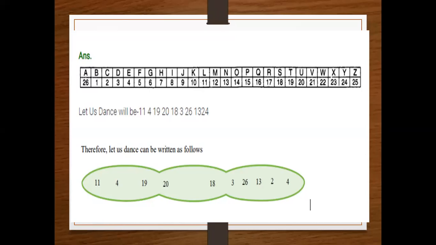U means 20. Next, S means 18. Yes, 18, sir. Then dance. D means 3. A means 0? Not 0. There is no 0. It is 26. The last number is there, no? A means 26, sir.